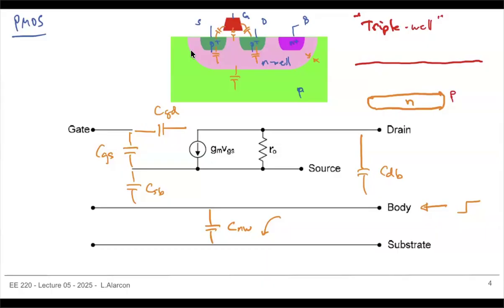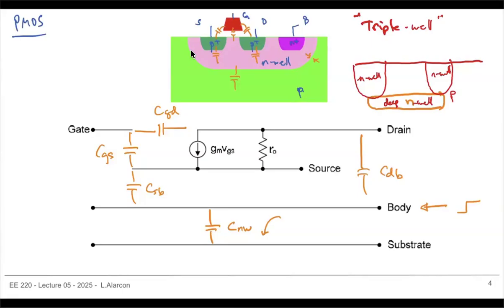Then after building a deep N well, you put in an N well, and you build in an N well again. And this all works because of this deep N well, or buried N well.